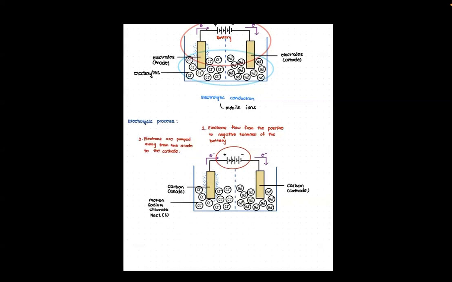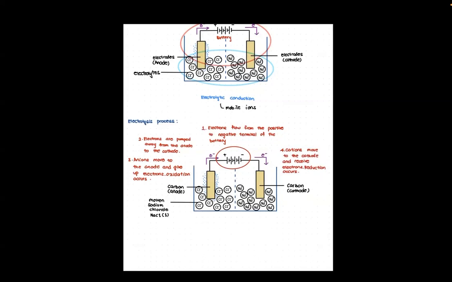Now my anode is going to be electron deficient, so it's going to attract my anions, and my anions will move to the anode and give up electrons. This is when oxidation happens. At the other side, we have our cations moving to our cathode to receive these extra electrons.